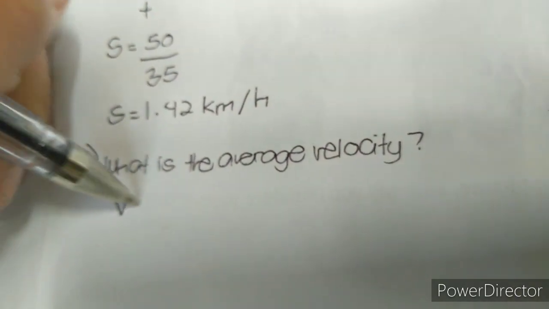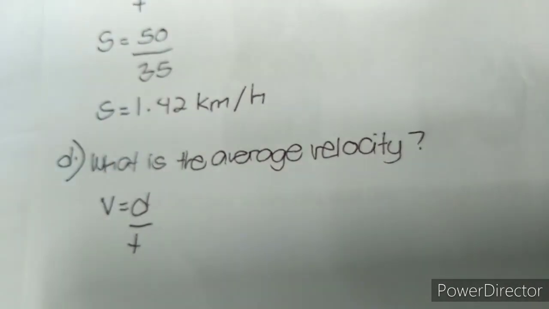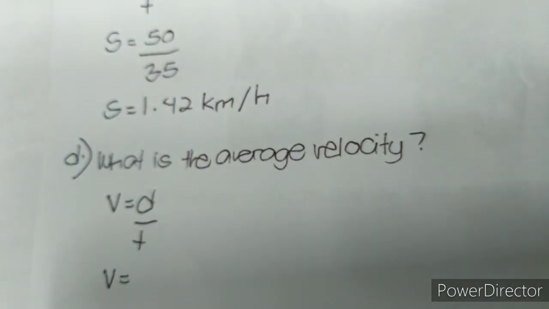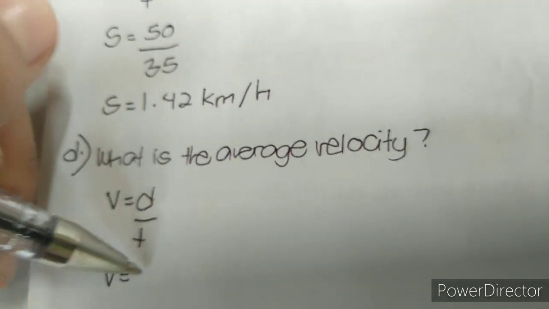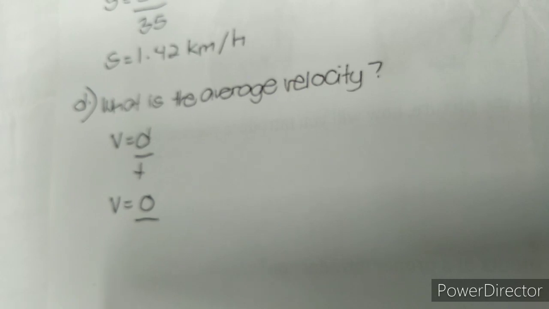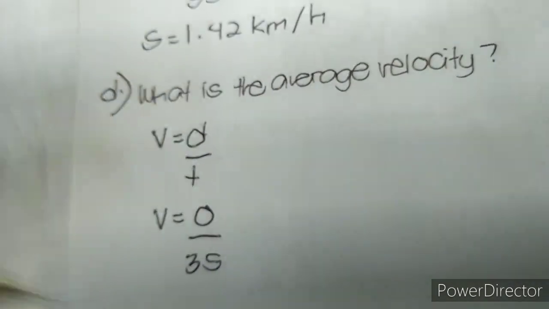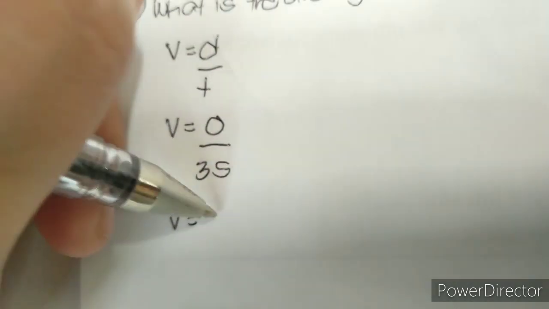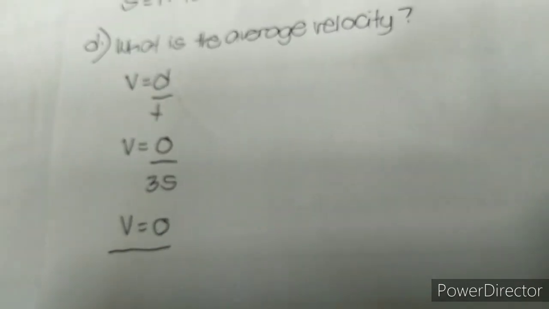The formula of velocity is displacement divided by time. Velocity equals the displacement, here we use 0, divided by the time of 35 hours. 0 divided by 35 equals 0. So the average velocity is 0.